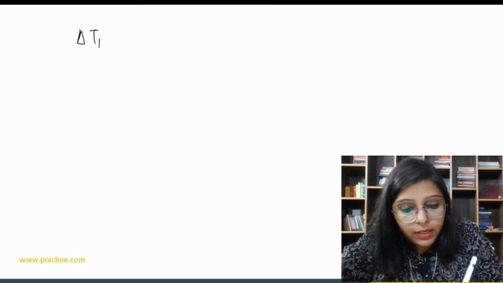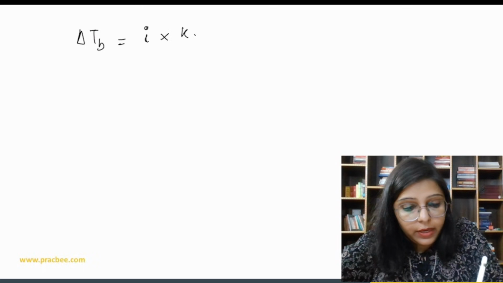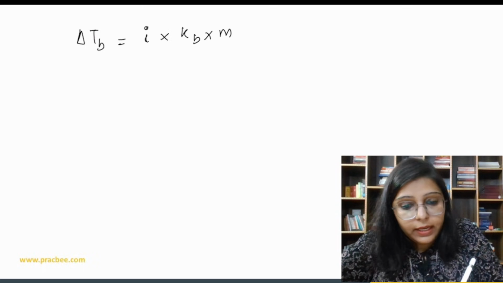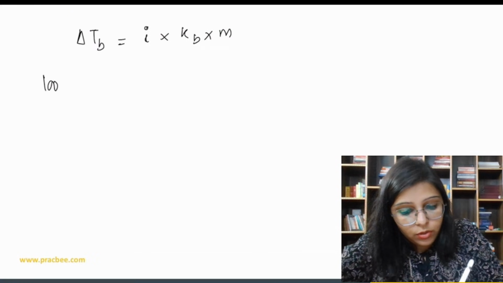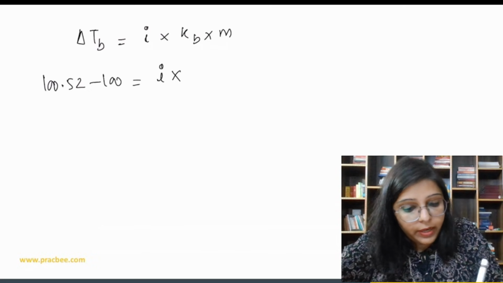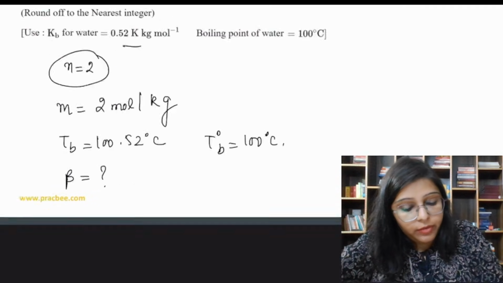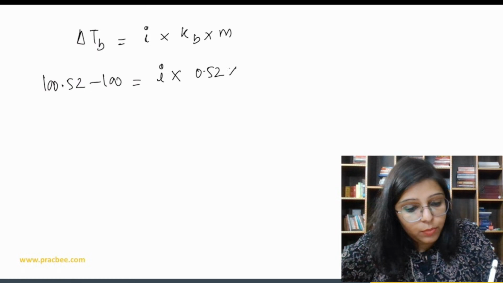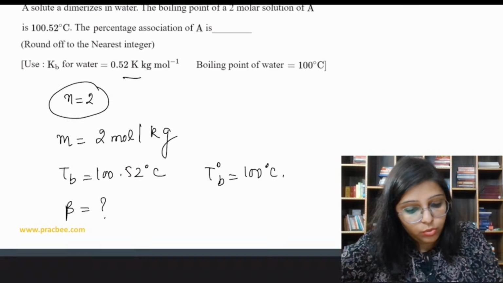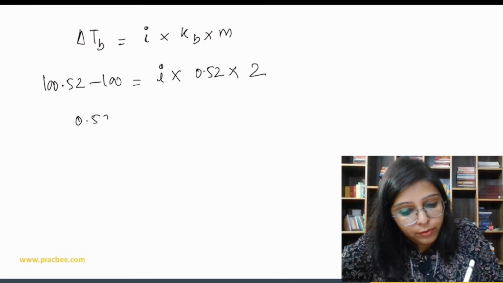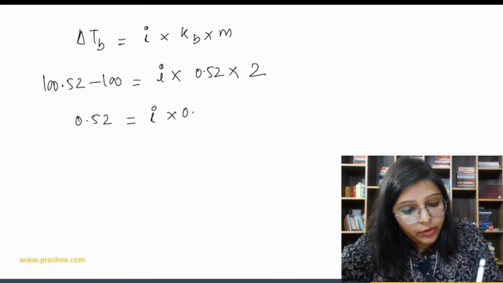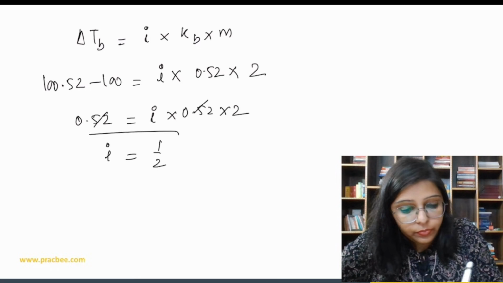So delta Tb is equal to i into Kb into m. Delta Tb is going to be what? 100.52 minus 100. The i value you have to find out, Kb is 0.52, and molality is 2. So we get 0.52 is equal to i into 0.52 into 2. So i value is 1 by 2.